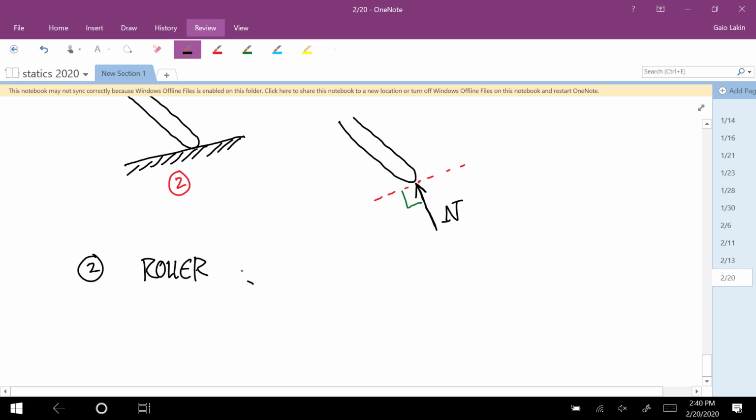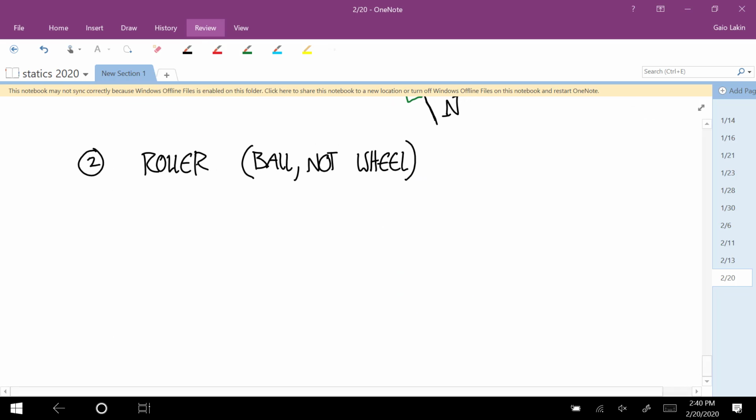So a roller, but we're talking about like a ball roller, not a wheel. Because a wheel has a preferred direction. So in this case, we're talking about something like this.